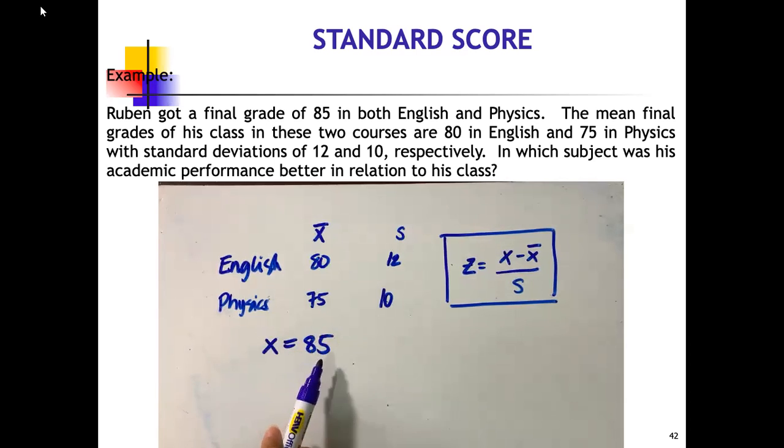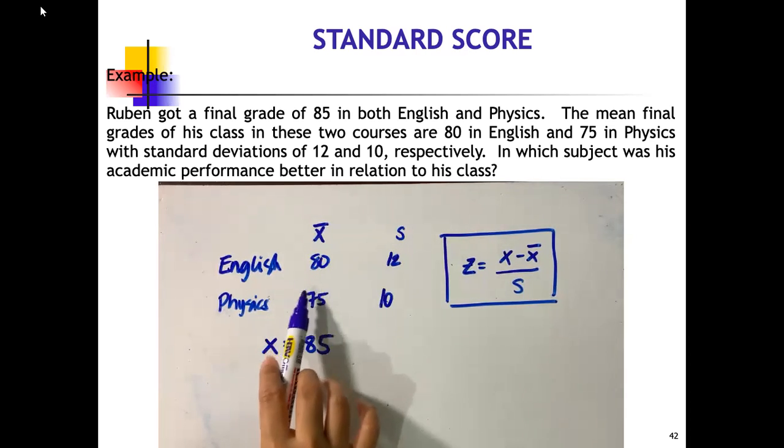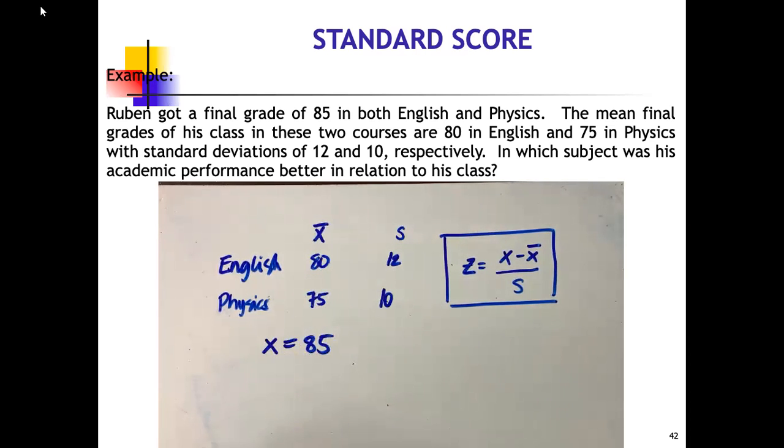Now, if his grade was 85 in English and also in physics, given the following data values in terms of the mean and the standard deviation, how do we determine in which subject he performed better in relation to his class?